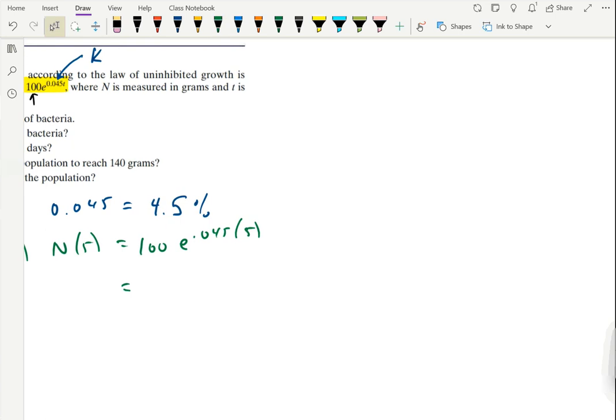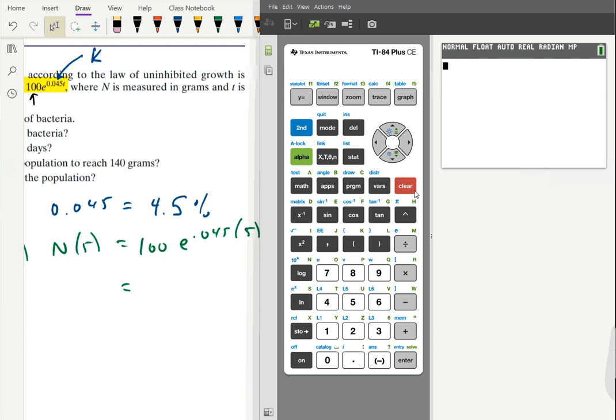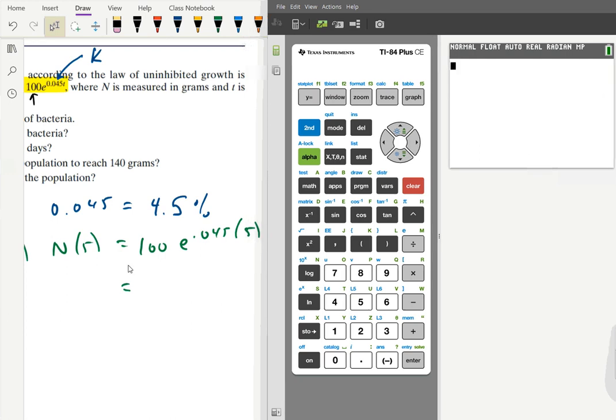So let me pull my calculator up here, clear out what I had previously, and move this off to the side just a little bit. We want to plug this into the calculator. That's going to be 100 multiplied by e to a power. Second natural log gives us e to the x. And when we multiply 0.045 times 5, we end up with 125.2.